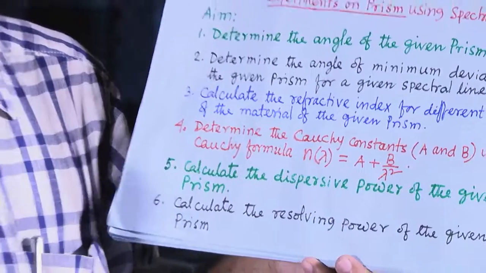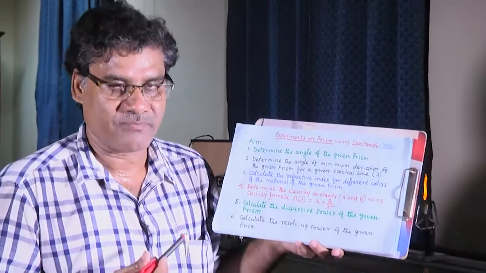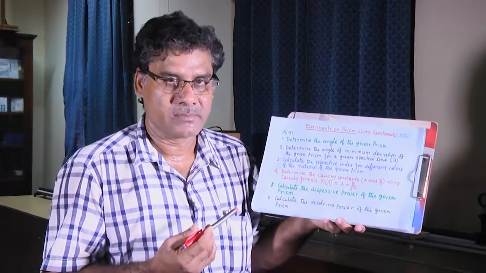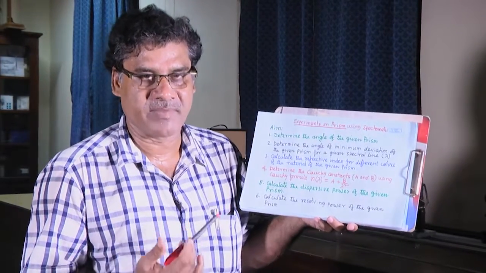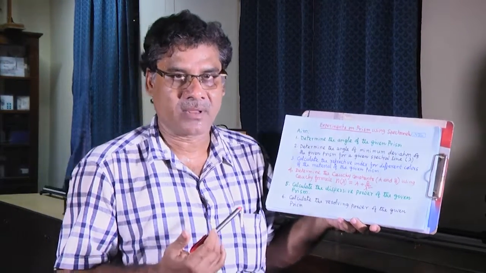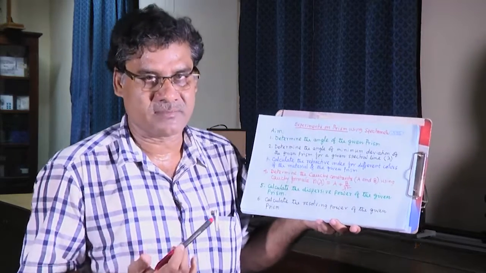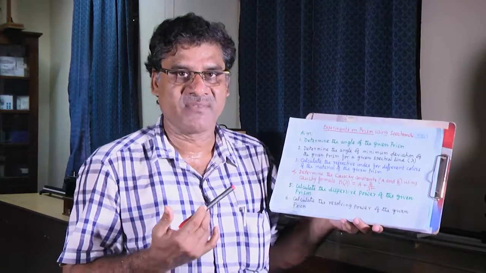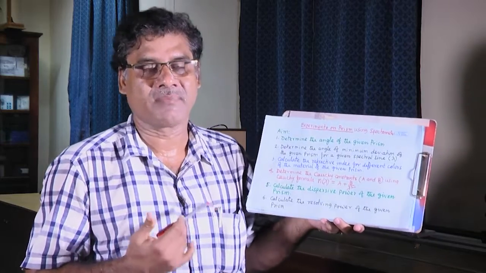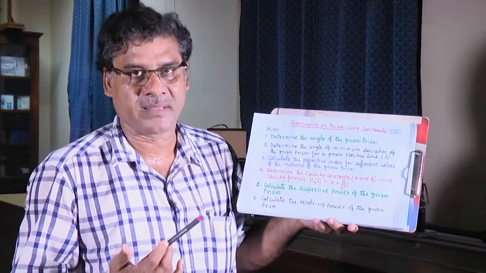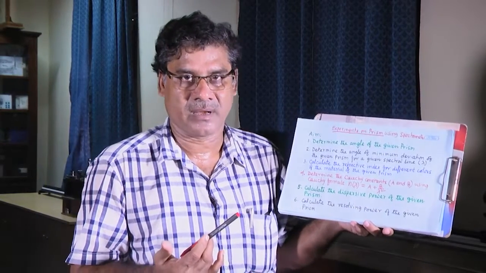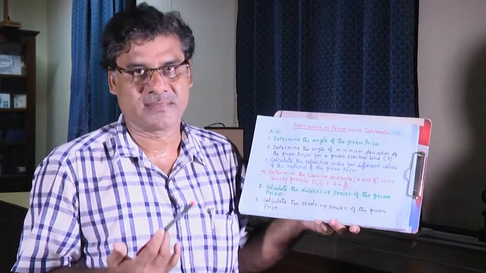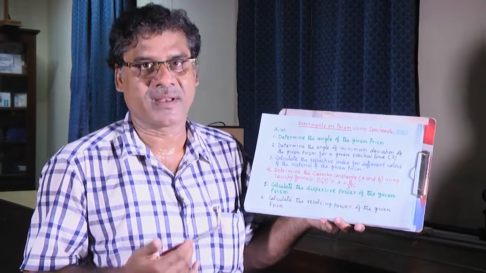So, if a prism is given to me, then using the spectrometer I can do the experiment and find out what is the angle of the prism, what is the minimum deviation of the prism for a particular wavelength of light. Also, one can find out the minimum deviation of the prism for different wavelengths.